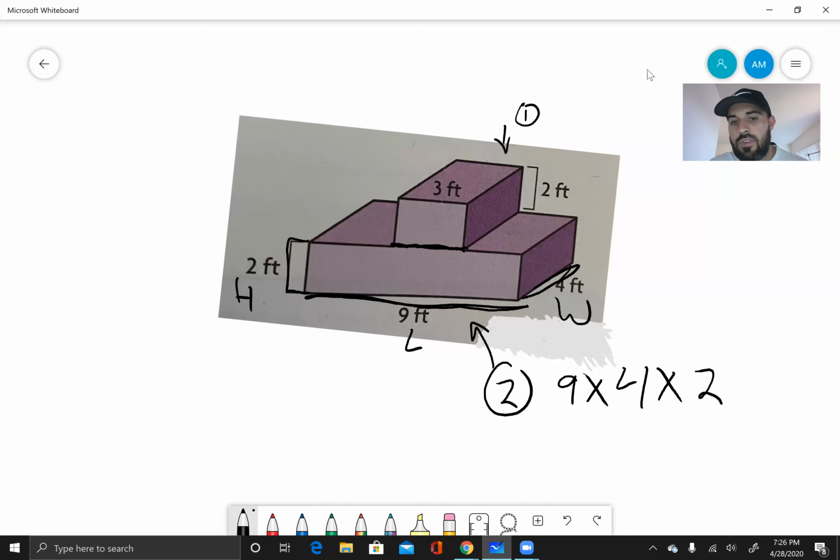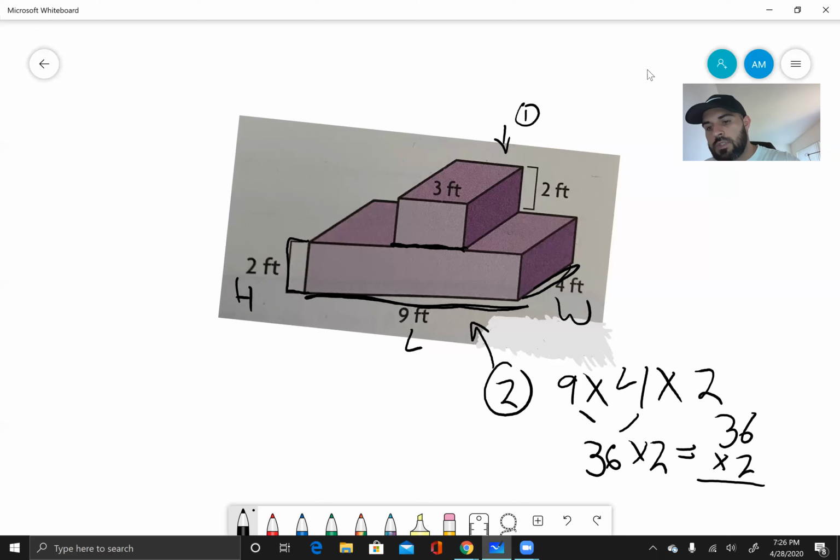Now we have to get the volume of figure 2. 9 times 4 is 36, and then multiply by 2. 36 times 2: 2 times 6 is 12, 2 times 3 is 6, plus the 1 is 7. So I have a total volume of 72 feet cubed. So figure 2 is 72, and I can put a little 2 here.